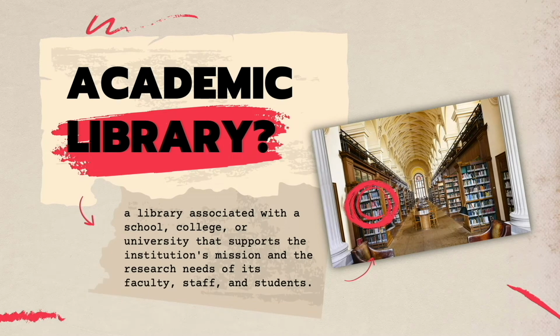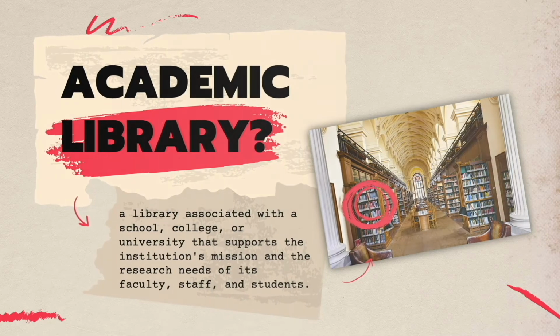Now, I'm sure that you may already know what an academic library is. But an academic library can be of the following. First, a library associated with a college or university that supports the institution's mission and the research needs of its faculty, staff, and students.